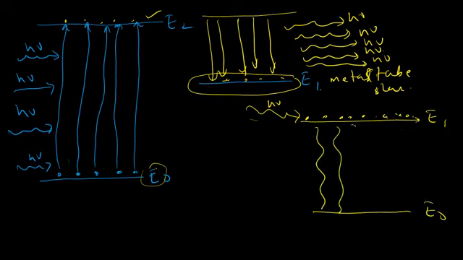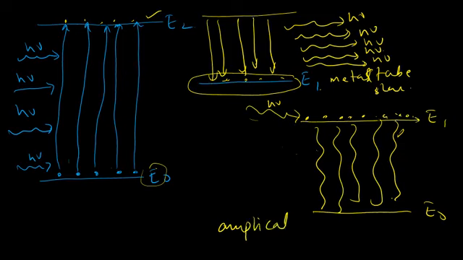The rate of this induced emission will be greater than the induced absorption. So this will result in the amplification of the original or incident light. So this beam will be the amplified light beam.